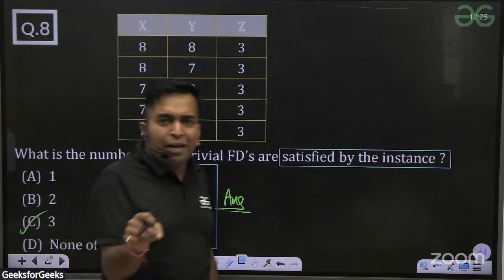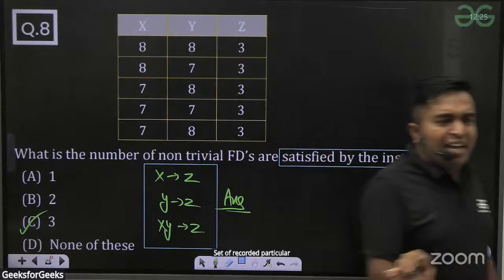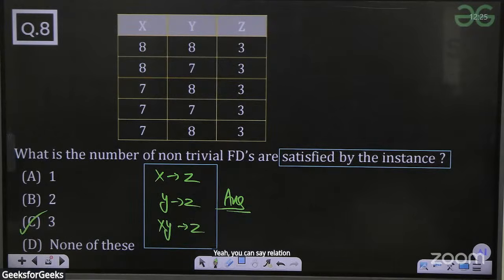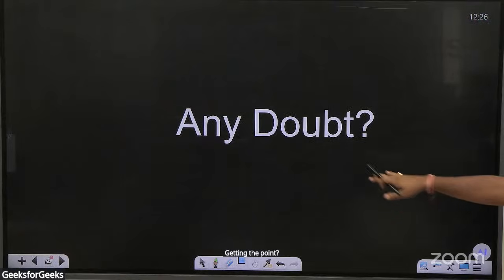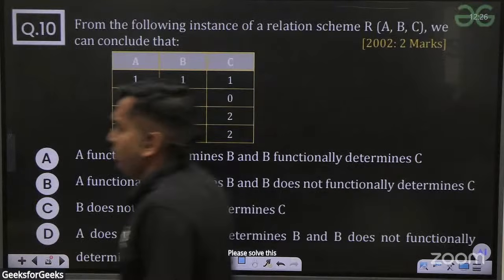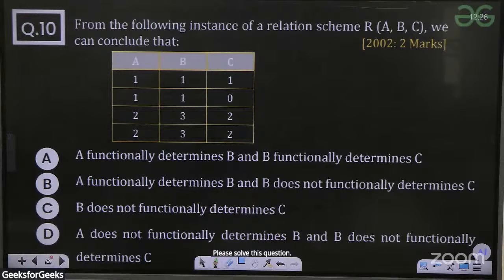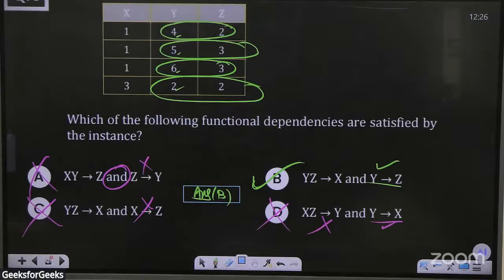Set of records at a particular time, you can say relation state, or the relation state can be changed. Getting my point? Please solve this question.